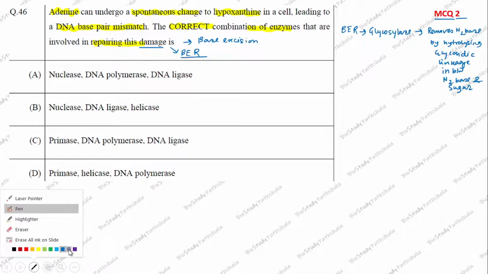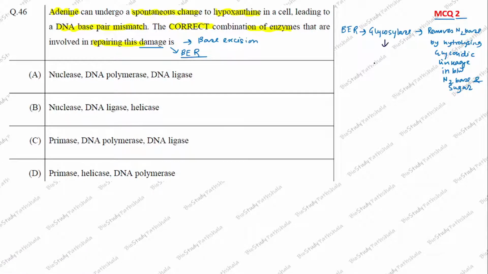After this glycosylase enzyme, the next enzyme involved is DNA polymerase. DNA polymerase synthesizes the DNA strand in the case of long patch as well as short patch repair system.